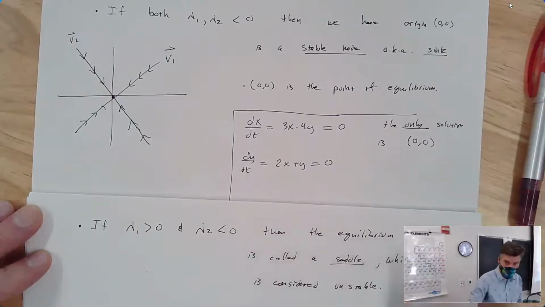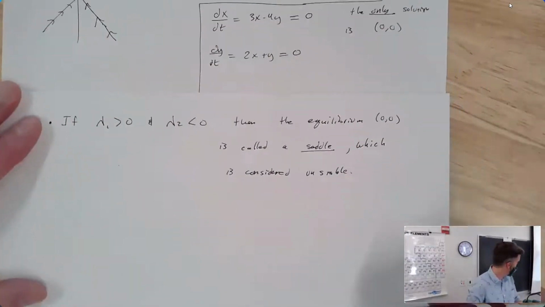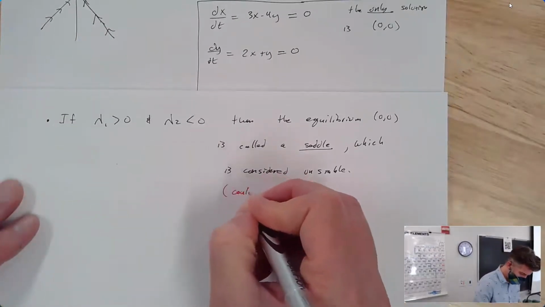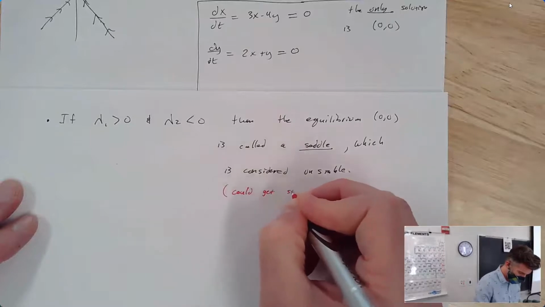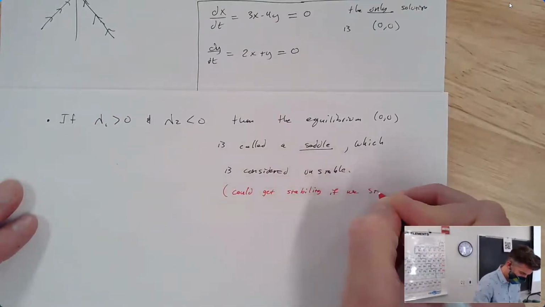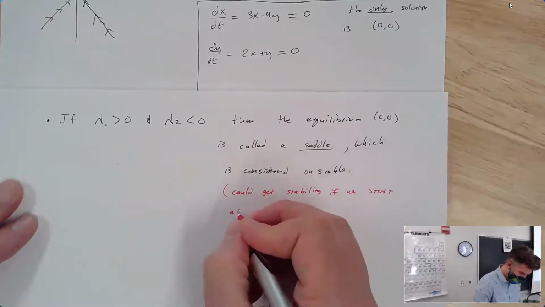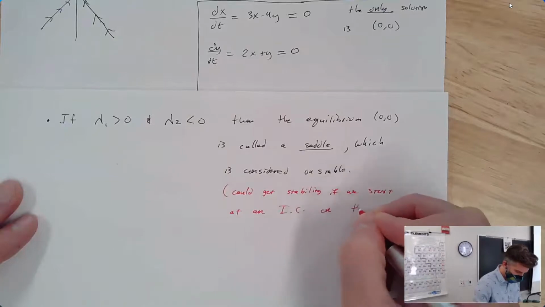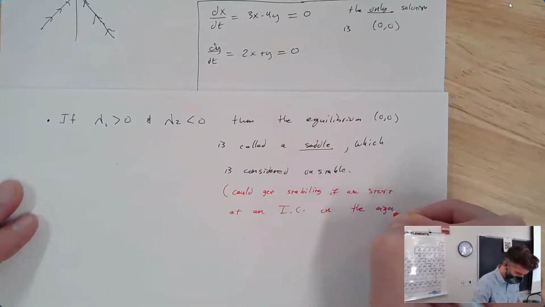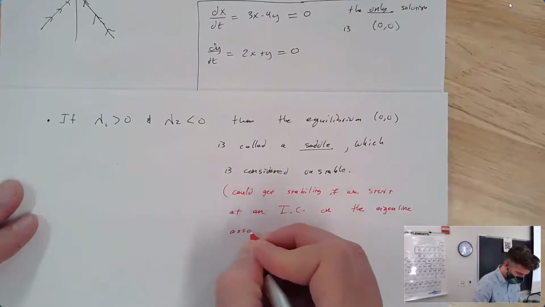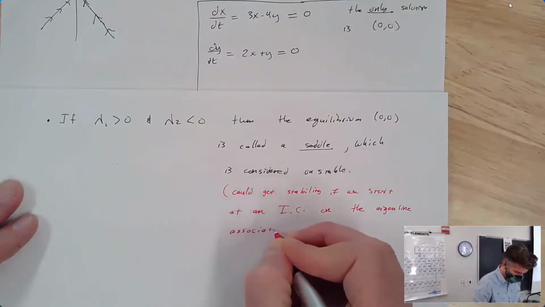And then just a point of clarification, all right, we could get stability if we start at an initial condition on the eigenline associated to the negative eigenvalue.